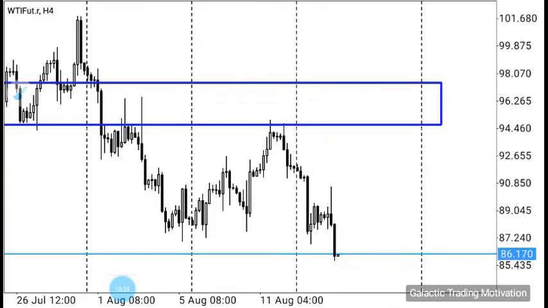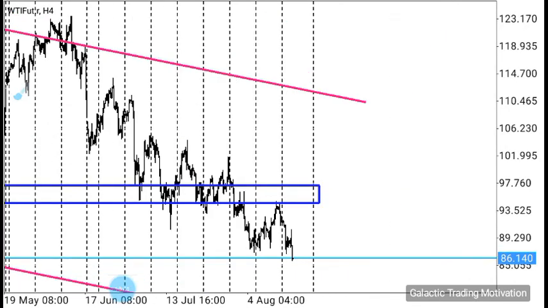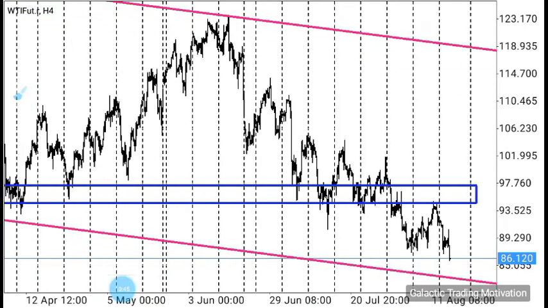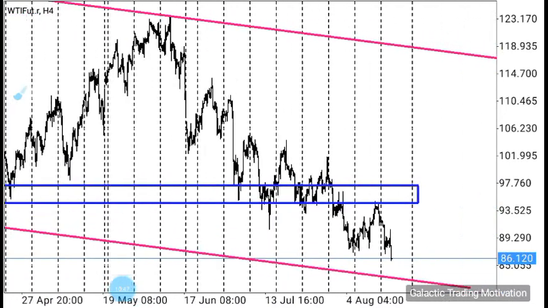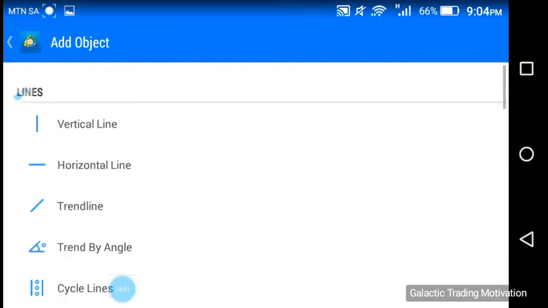What do we see on the H4 chart that we should be paying attention to? Before we answer that question, I'm just going to fix my lines just to make sure that they are perfect. There we go. Right. And then I'm just going to add my H4 equidistant channel as well.